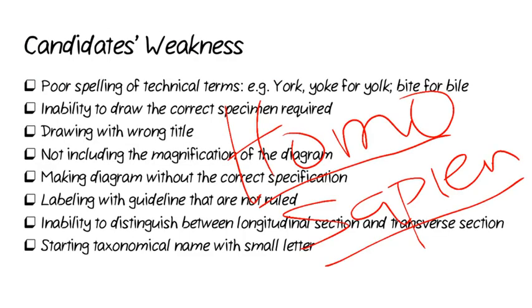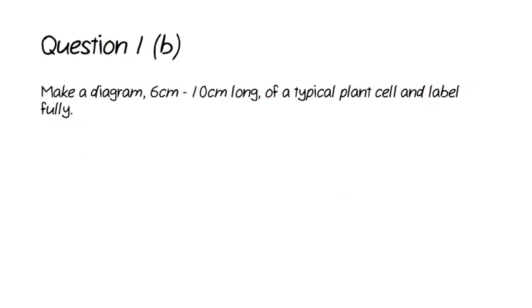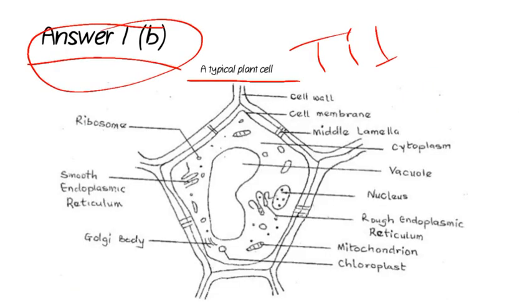The title of the diagram is a typical plant cell. Once you have done this, you are going to score 1 mark.